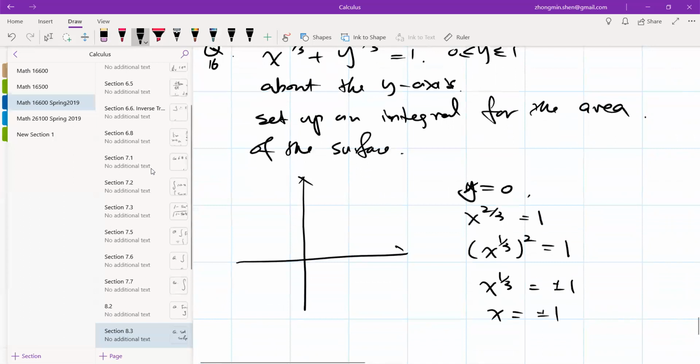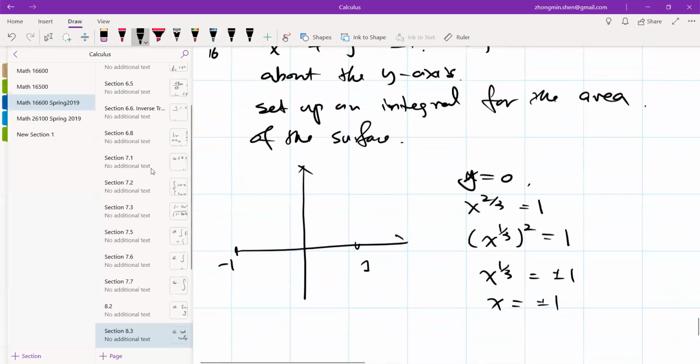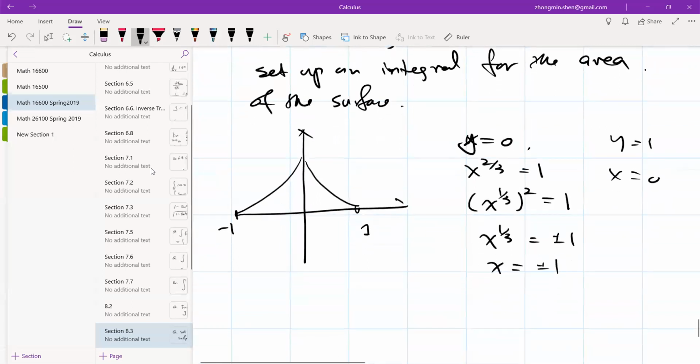So you get 2 points when y equals 0. Y is between 0 and 1, so let's assume y equals 1. When y equals 1, x is going to be 0. So I believe the graph looks like that. If you allow y to be negative, then it would be like this symbol.